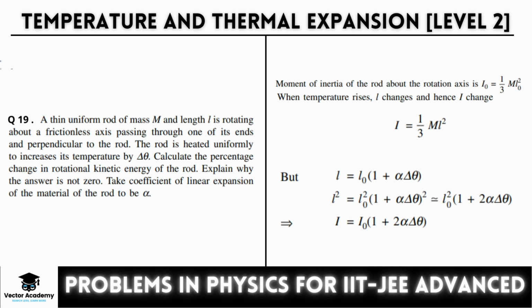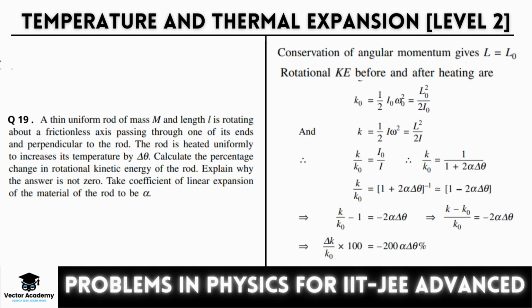We get L square equals L0 square multiplied by 1 plus alpha delta theta whole square, which is approximately equal to L0 square multiplied by 1 plus 2 alpha delta theta. This implies final moment of inertia I equals I0 multiplied by 1 plus 2 alpha delta theta.